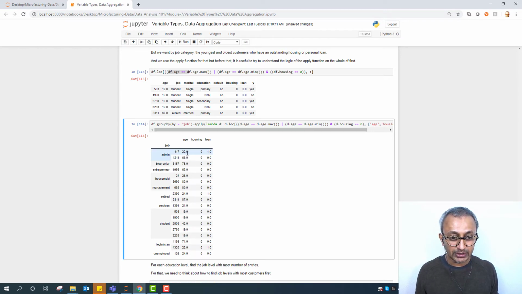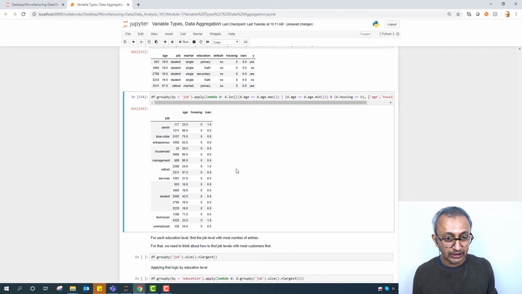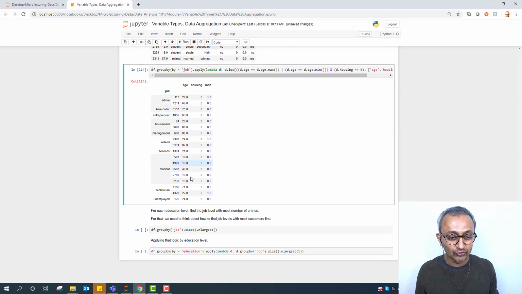So by job category you have 22 and 66, that's the span, who are admins, who don't own a home, and some folks have an outstanding loan, some folks don't. Of course you would expect that: folks who are on the younger age of the spectrum would have some kind of loan outstanding, and folks who are on the older side probably would not. And you can filter through that.